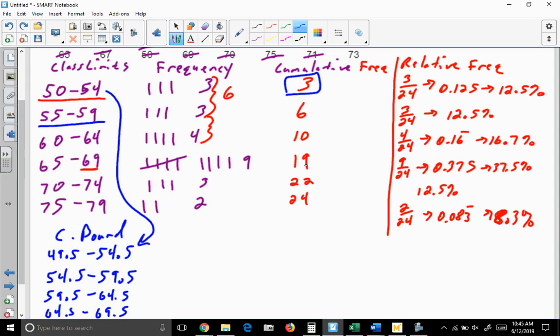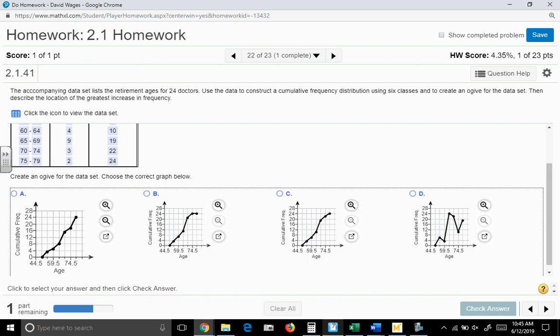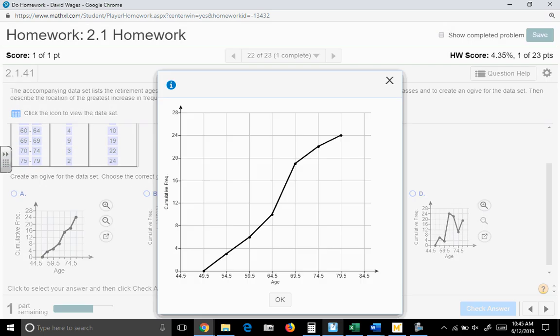By the time we get through the next category, we're up to 19. Uh-oh, this went from 10 up to around 21. It should have gone only up to 19, so that one's not it. This one starts out the same as the other one, but from here to here, this one only goes up to 19, which is what it's supposed to do.